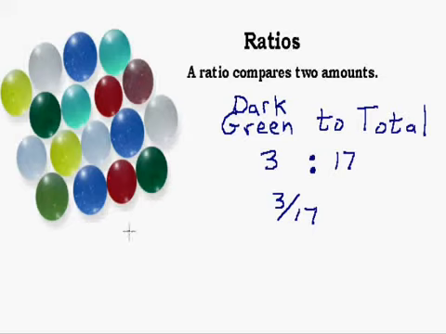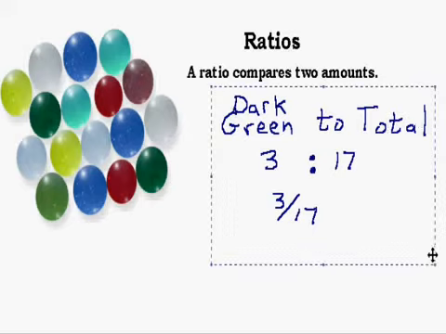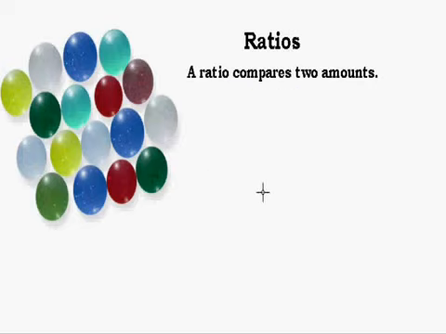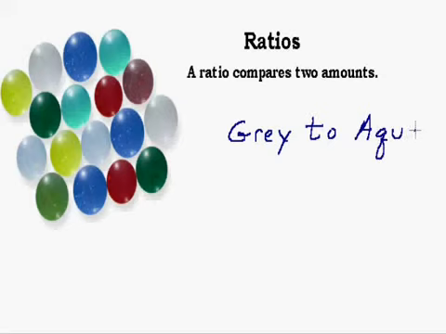Alright, let's look at one more example with our marbles. Let's say I want to find, I'm going to call these gray. Some of these colors are a little bit interesting, aren't they? Let's say I want to find the gray marbles to the aqua marbles. So the gray ones, these are the ones I'm calling gray right here.